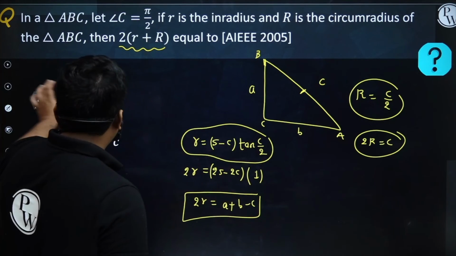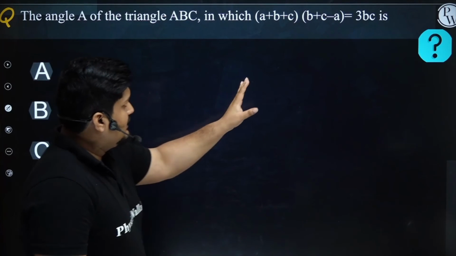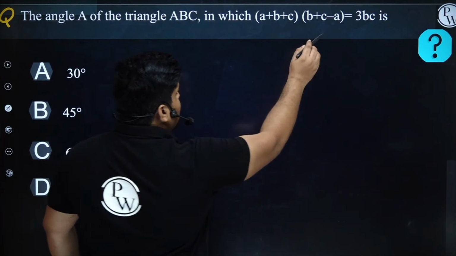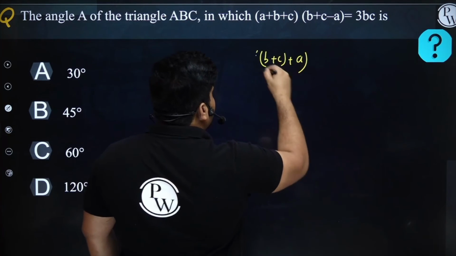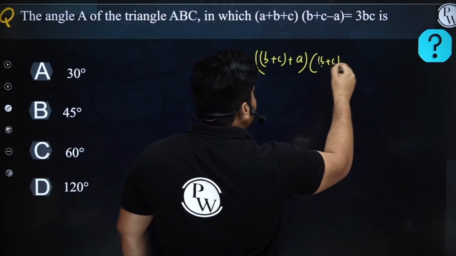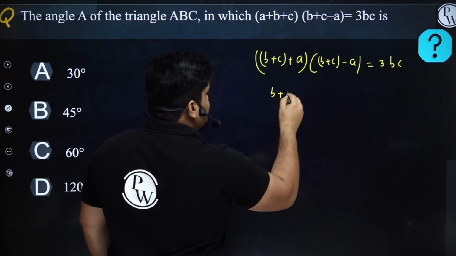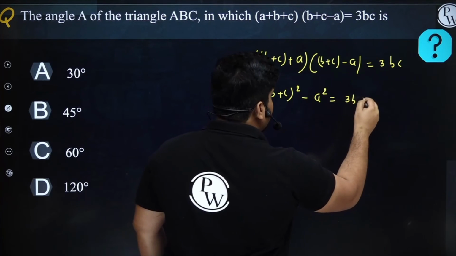Okay, let's solve the next one. The angle A of the triangle ABC in which (A plus B plus C)(B plus C minus A) is equal to 3BC. So multiply it, guys. This is B plus C plus A into B plus C minus A is equal to 3 times BC. So we can say this is (B plus C) whole square minus A square is equal to 3BC.